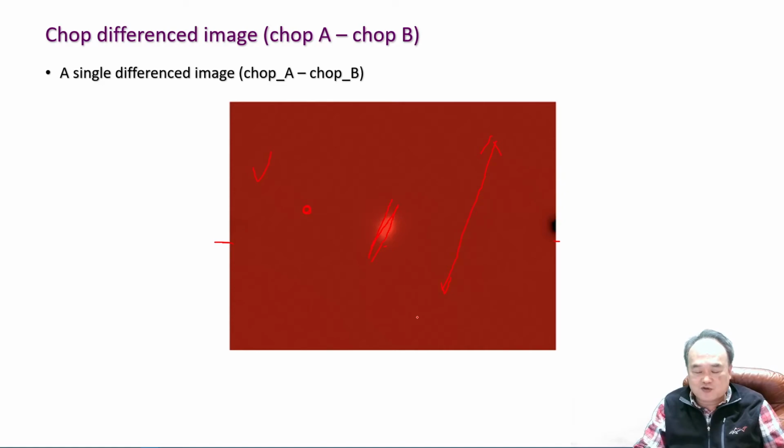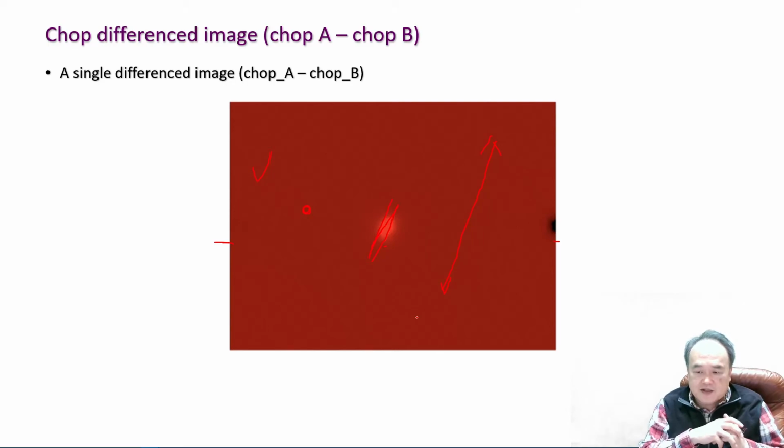So it is ruining or degrading the imaging capability of the observation, at the cost of removing the huge mid-infrared background radiation, right?